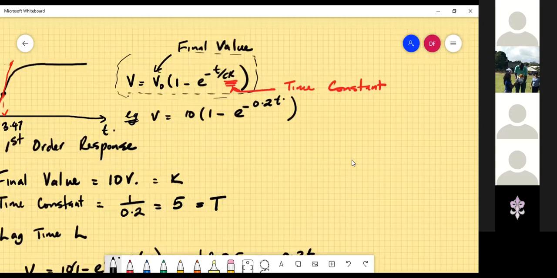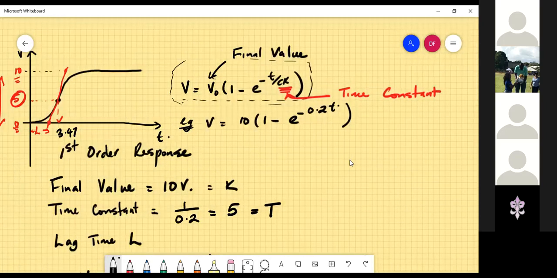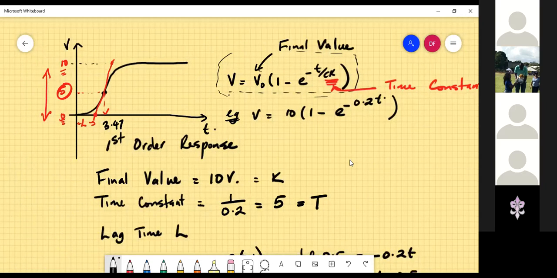We arrive at 5 on the y-axis, but that's just saying it's halfway. So whenever we use the 63%, it's for the time constant value. Sorry, it's not this 5 here that we used.